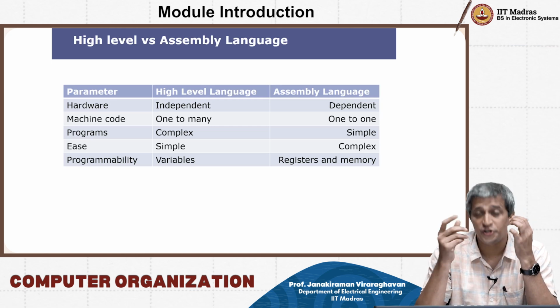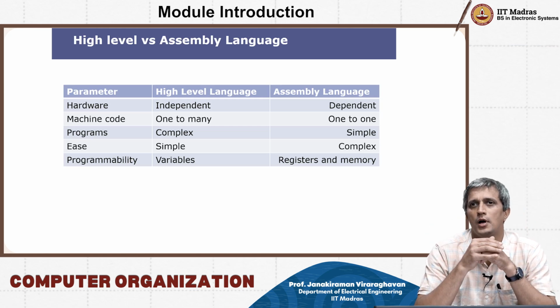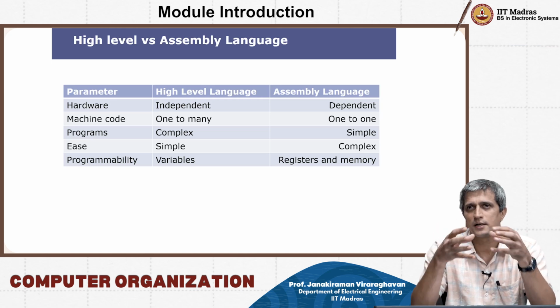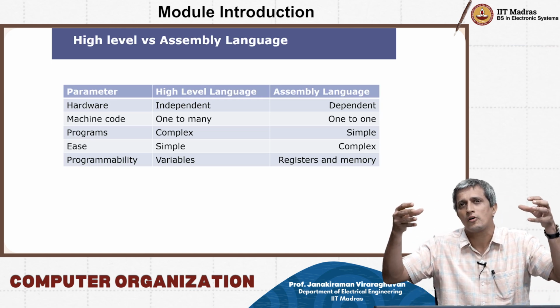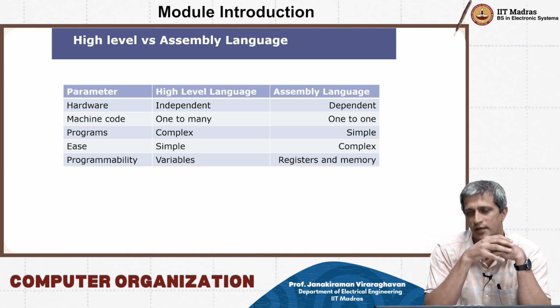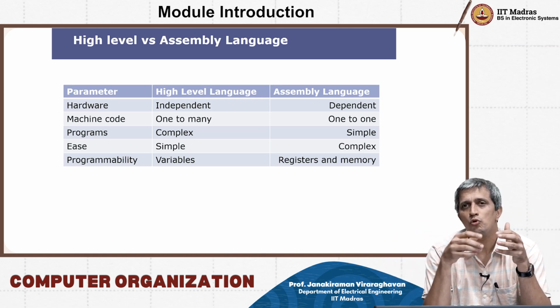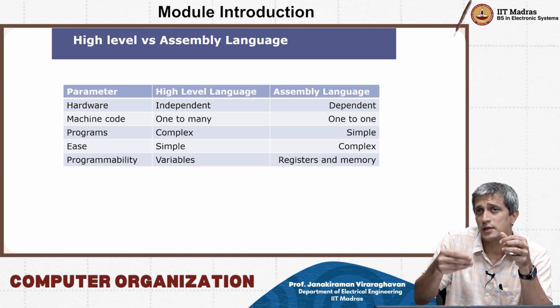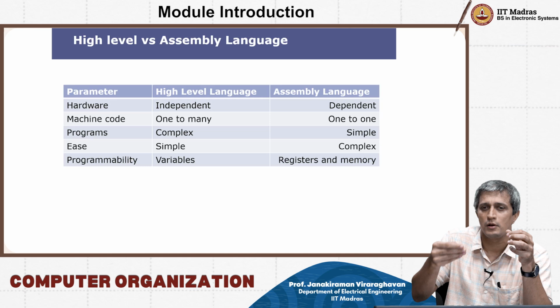Now, what is machine code? Like I told you, it's a binary format of an instruction that the computer can easily understand. Now, when you write one line of C code, this could potentially translate to many machine instructions.